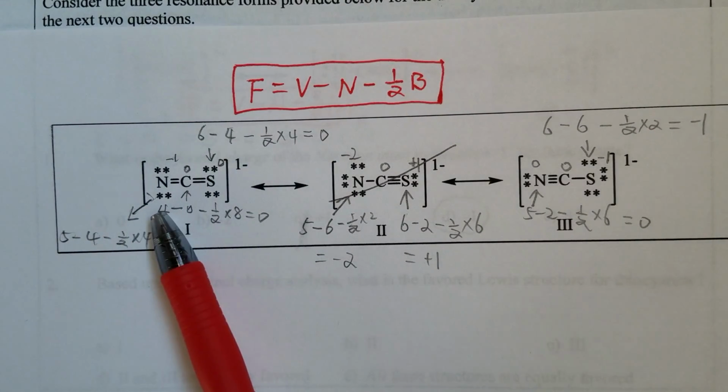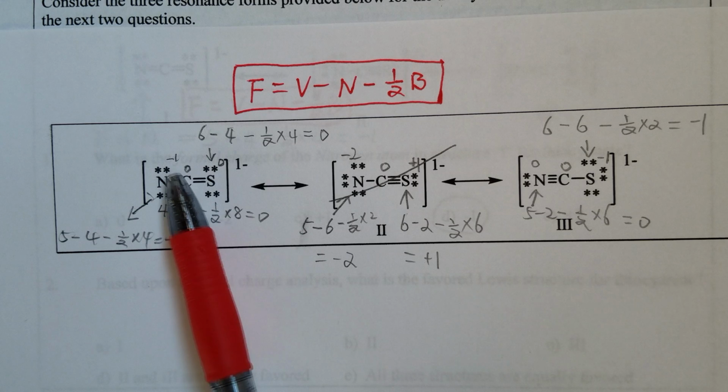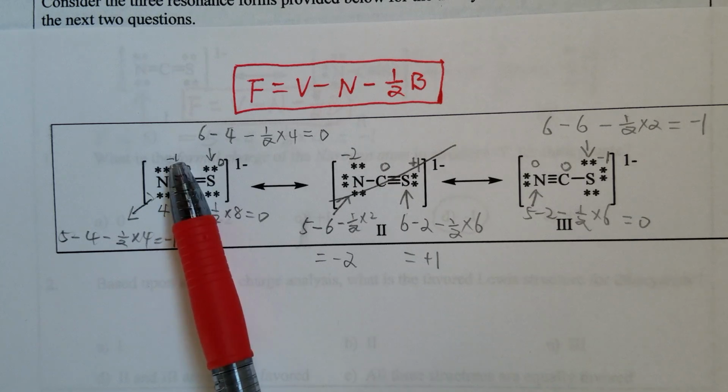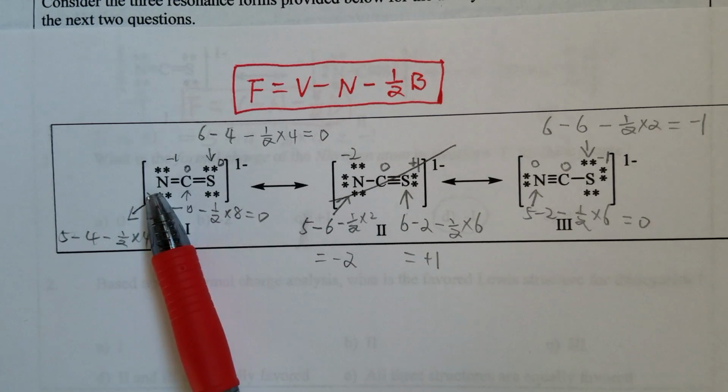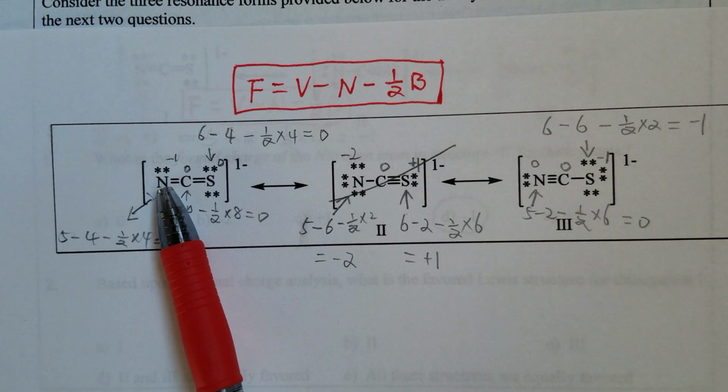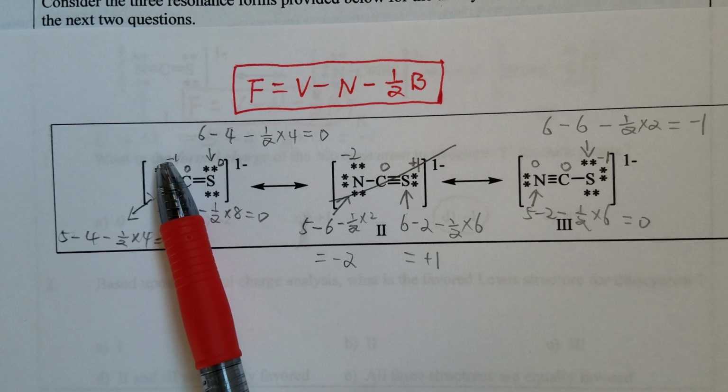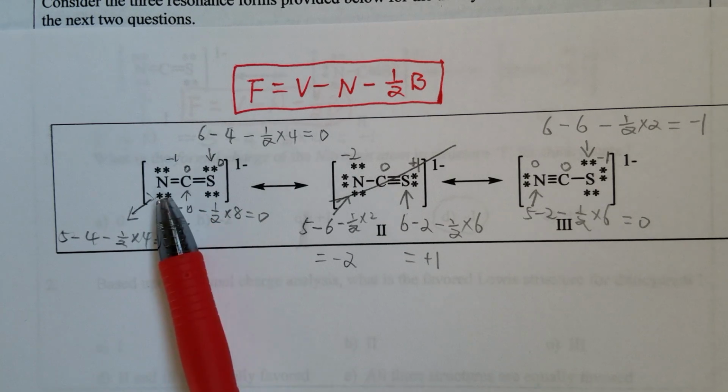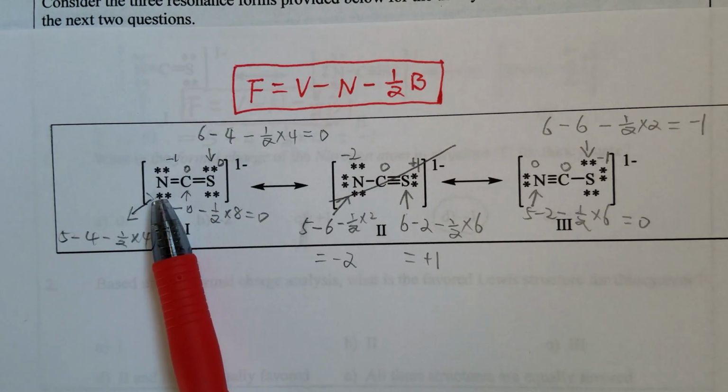Therefore, structure 1, the one with the formal charge of -1 on nitrogen, should be more favorable because the negative charge resides with the more electronegative element.